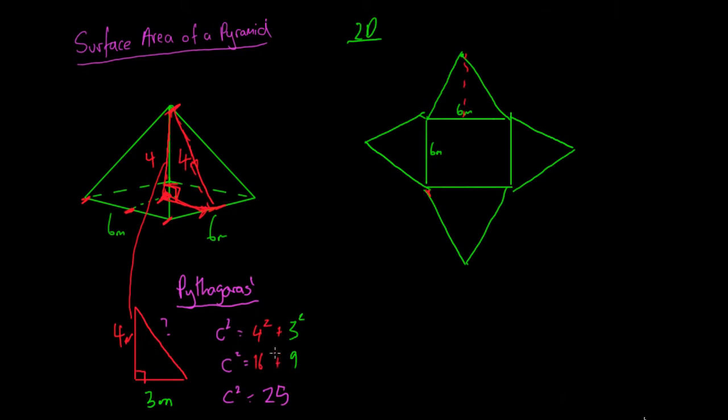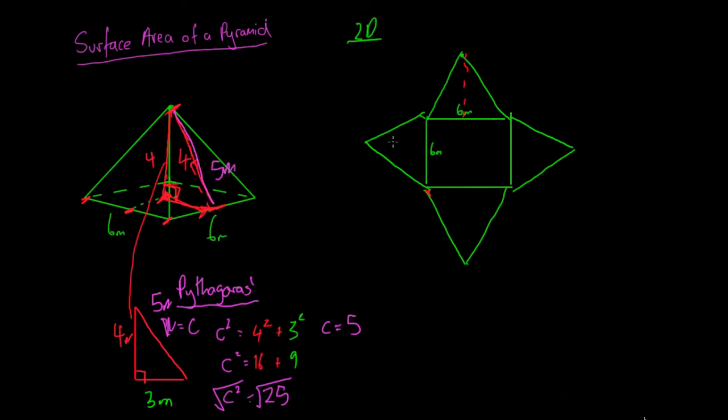We're not interested in c squared, we're interested in the side length, which is c, so we must take the square root of both sides. The square root of 25 says that c is equal to 5. So the height of this sloping side which I've drawn here is going to be 5 meters.